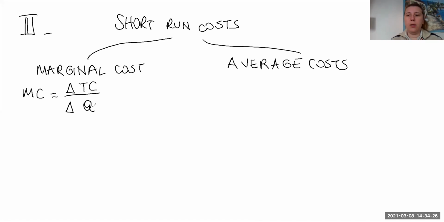It means that the marginal cost can be defined as, if the level of output changes 1 unit, how the total cost will change. But please remember, the total cost was the sum of total fixed cost and the total variable cost.